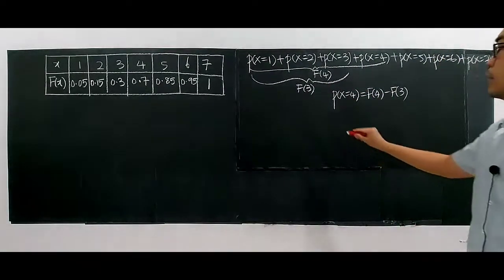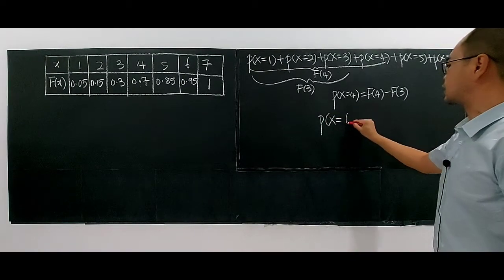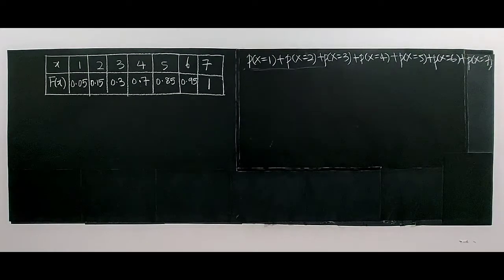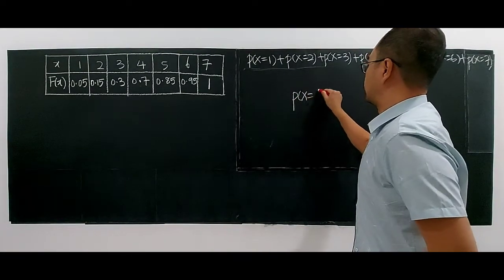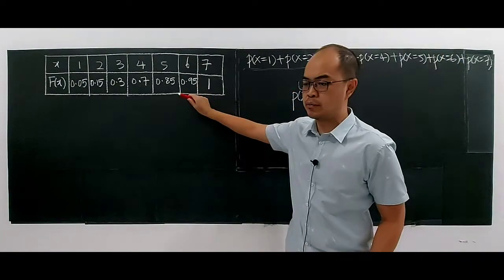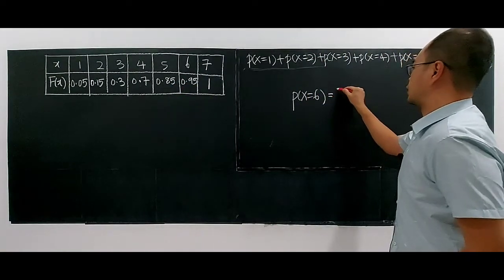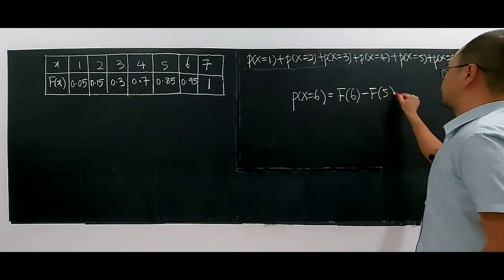That's the meaning, okay? For example, if I want to find the value of P(X = 6), what should you do? If I want to find the probability of x equals 6 by using this cumulative distribution table, you take F6 minus F5. Very simple, right?